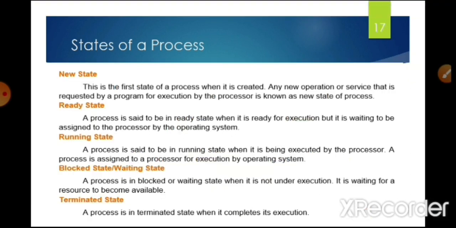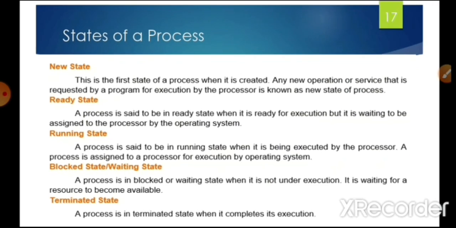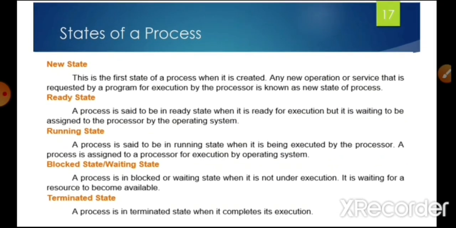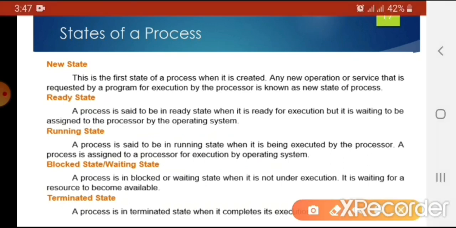Now let's move towards the formal definitions of these states of the processes. As we have discussed, the new state is the first state, the state when the process is just created. Any new operation or service that is requested by the program for execution by the processor is known as the new state of the process. It means right after the generation of a new task, that process is in the new state.